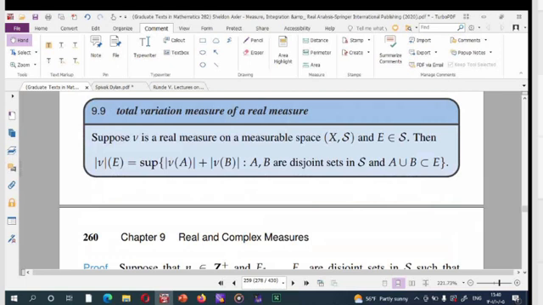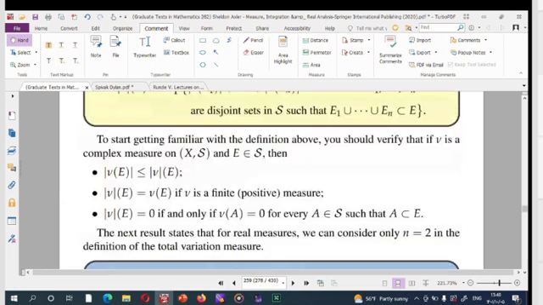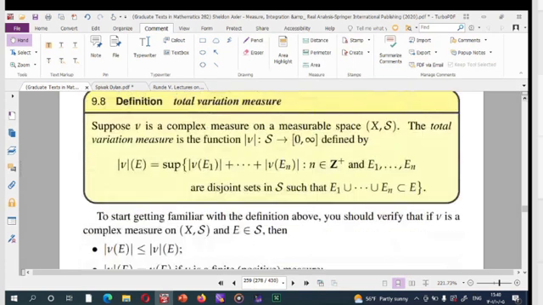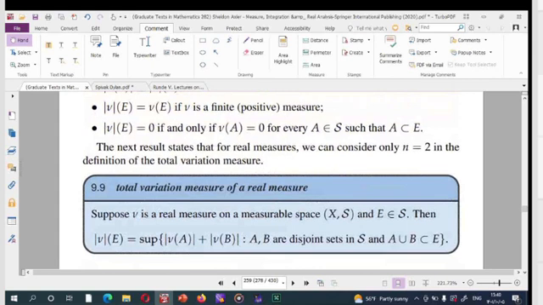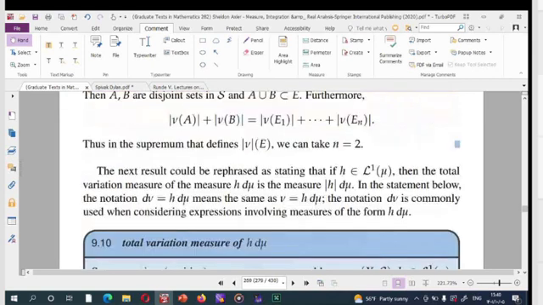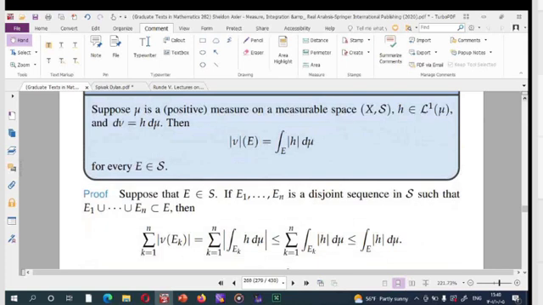Suppose nu is a real measure on a measurable space X and S, then for any E in S we have total variation of E equal to this supremum of this summation, where A and B are disjoint sets in S and this union is a subset of E, so that in real measure we can define this very simpler than in the complex case, okay, and we omitted this proof.